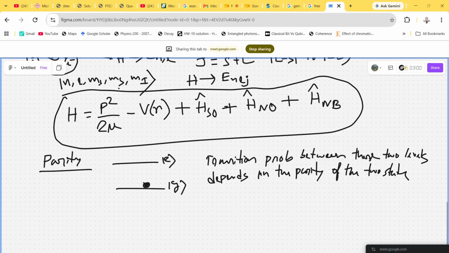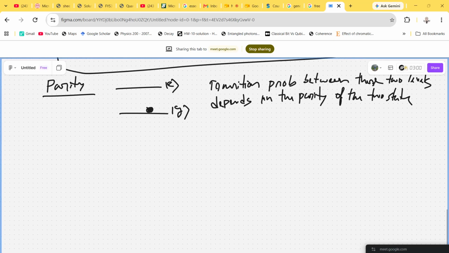So what is the parity? What is the parity?